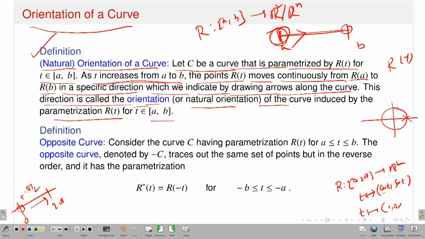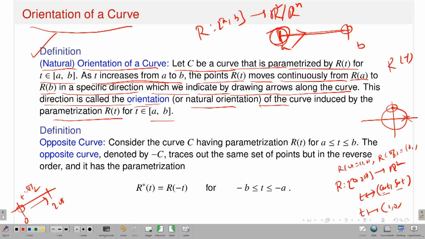At t equal to pi by 2, what value do you get? Cosine of pi by 2, sine of pi by 2. Sine pi by 2 is 1, cosine pi by 2 is 0. So r of 0 is nothing but 1 comma 0, and r of pi by 2 should be 0 comma 1. That means I am at this point.